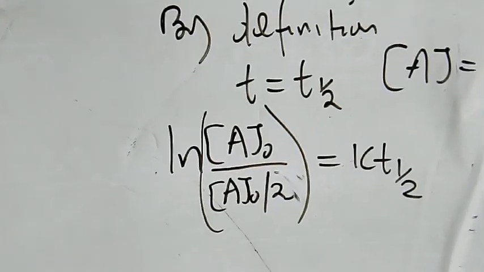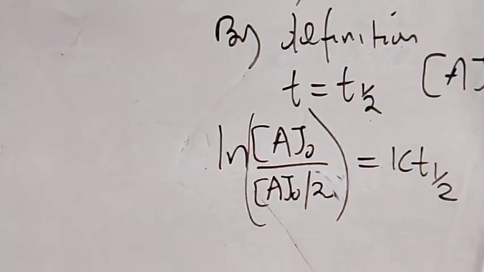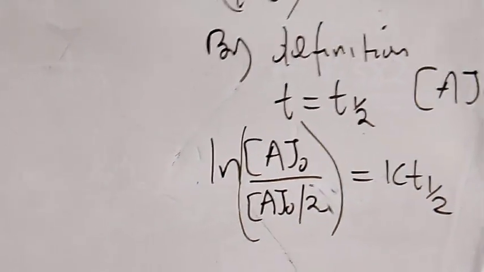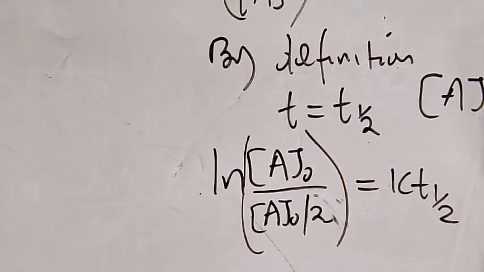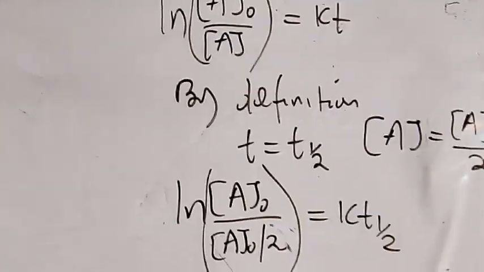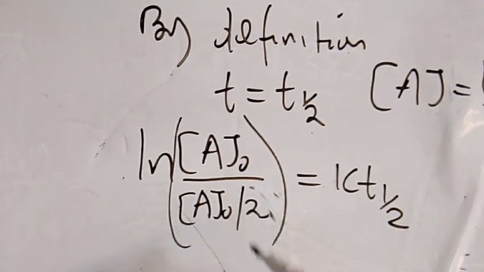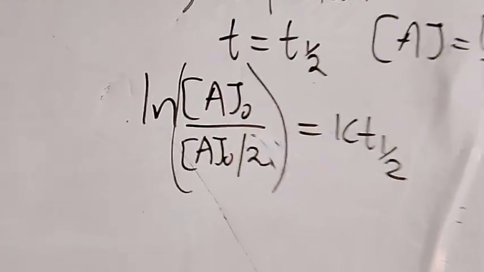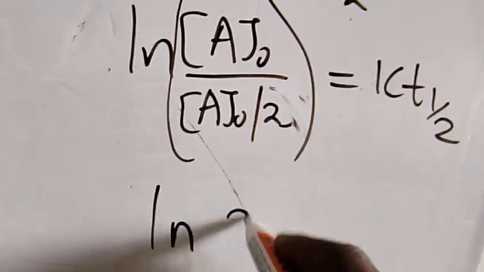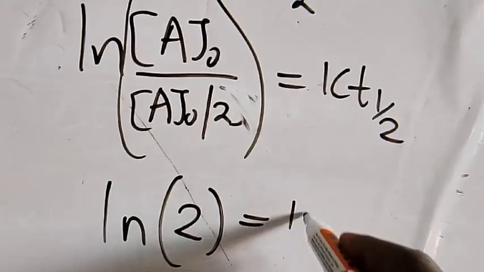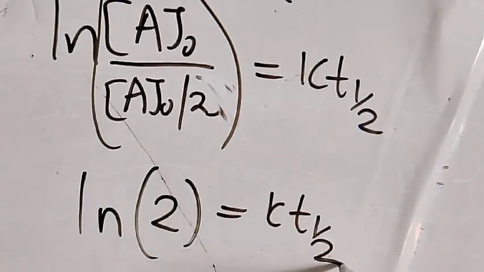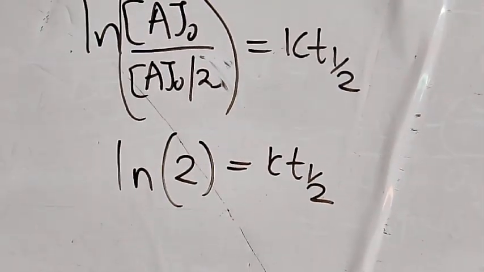We can sort out what we have in the brackets. You can see clearly that A initial will cancel. We have A initial over A initial, these will cancel and we remain with a 2. So this becomes ln 2 equal to K t half.